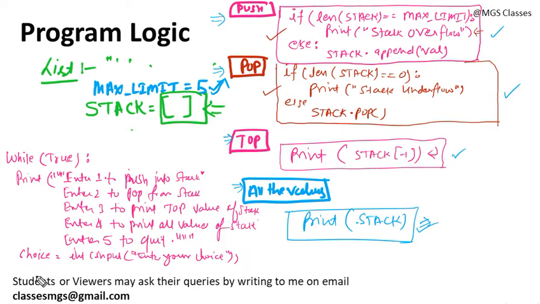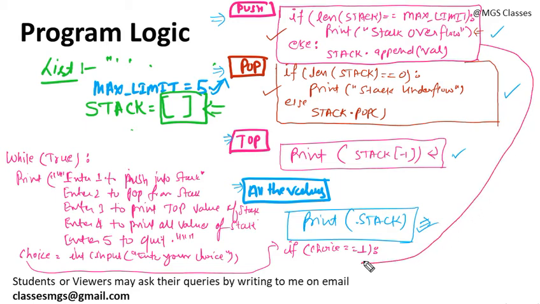If the choice is 1, we are going to implement this. I am going to write the code here: if choice equals 1, then I will write this whole code here. If the length of the stack is equal to the maximum limit, then I will print stack overflow, otherwise I will append the value.